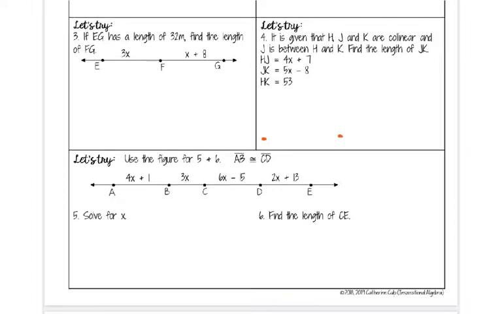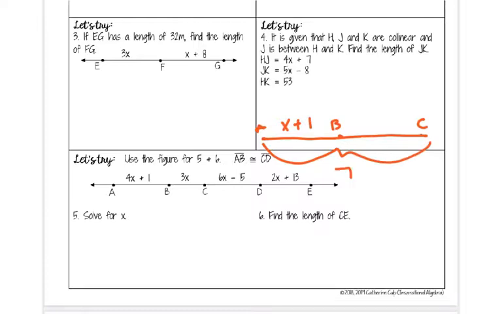If we had A, B, and C, and from A to B is x plus 1, but we know that the entire thing from A to C is 7, so we know x plus 1 plus BC is equal to 7.